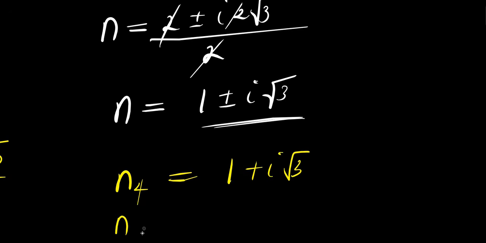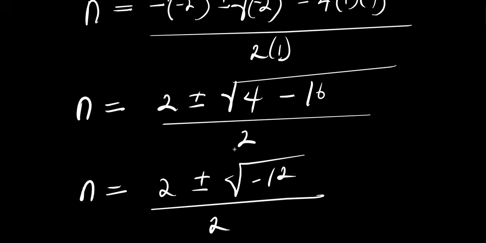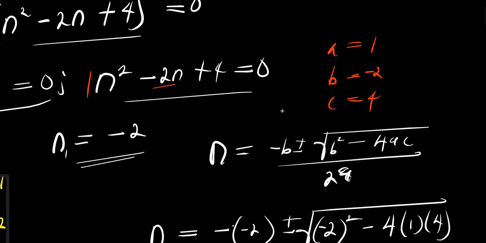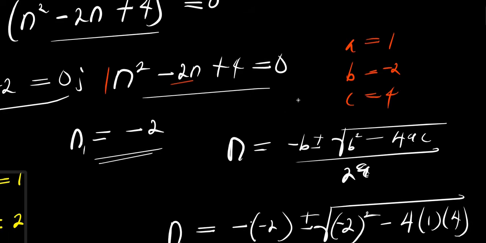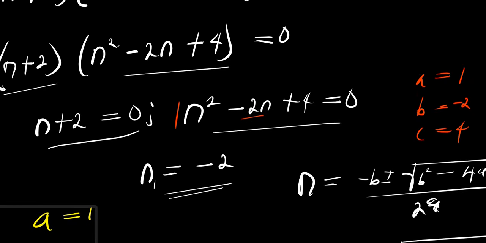And we have, or this is n5, because n6 will be 1 minus i times root 3. Because we have our n4 right here, this should be n4. This one here is not supposed to be n1 again.